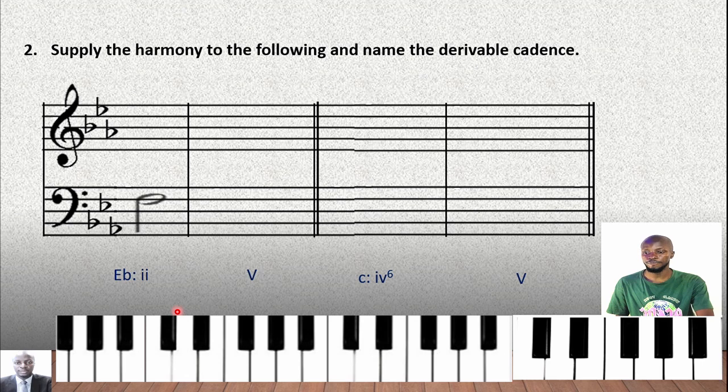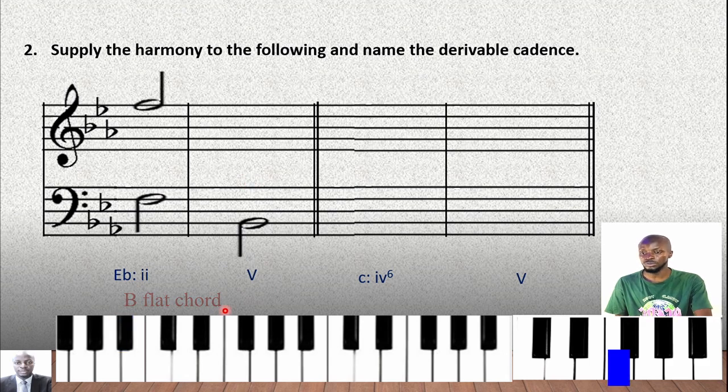So we have F for the bass. Since we are talking about chord 2 on E flat major, the first chord will start from E flat. So the second chord, that's chord 2, will start on F. So we're looking at F, A flat, and C, right? So that's our chord here. And for the chord 5, we are looking at B flat. So let's see the other parts.